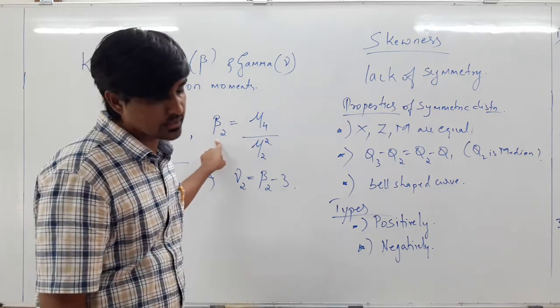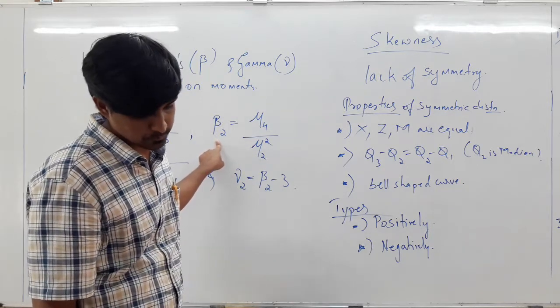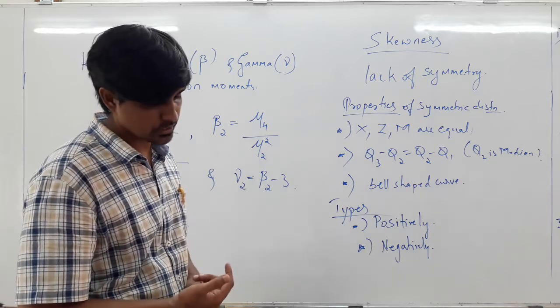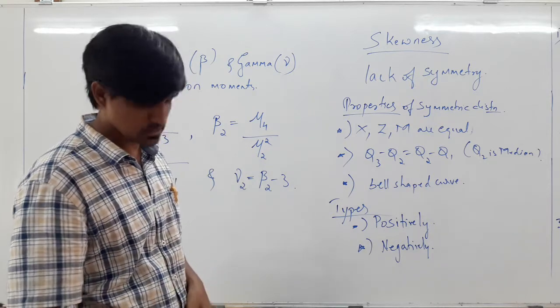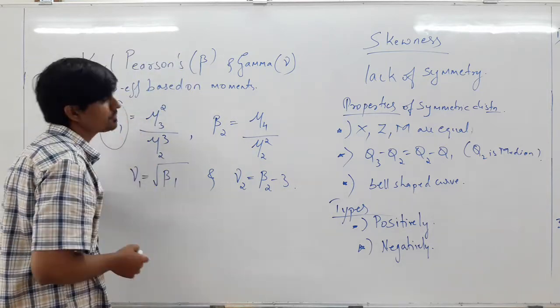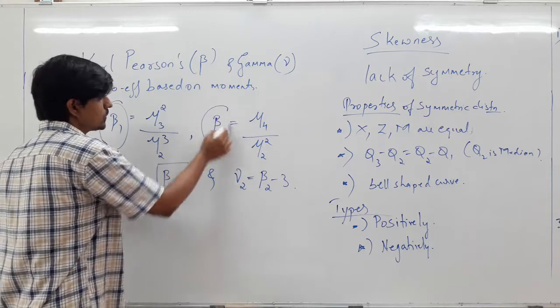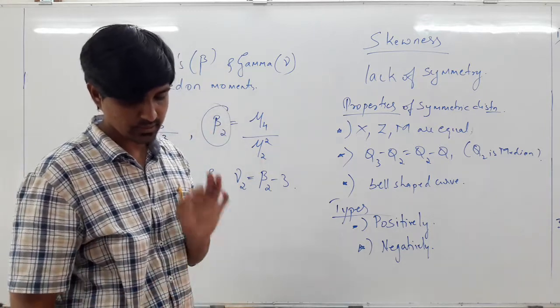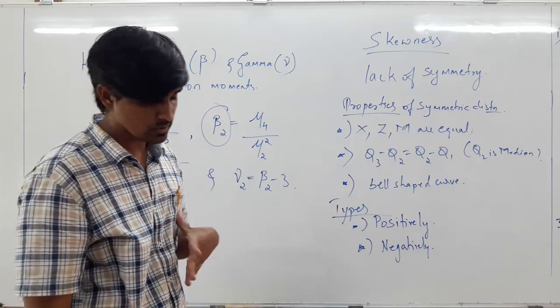So beta 1 is the measure of skewness based on moments, and beta 2 is the measure of kurtosis based on moments. Remember, this is based on moments.